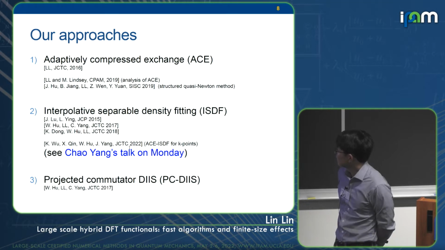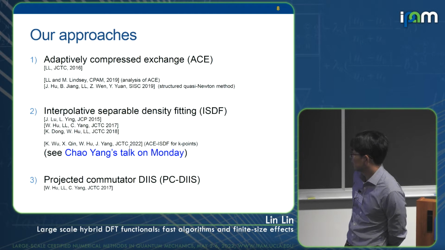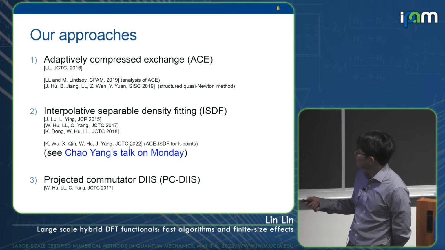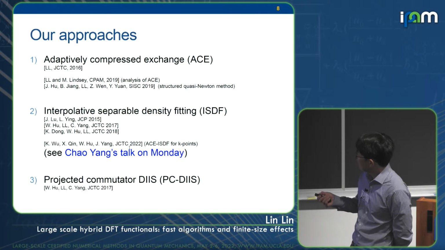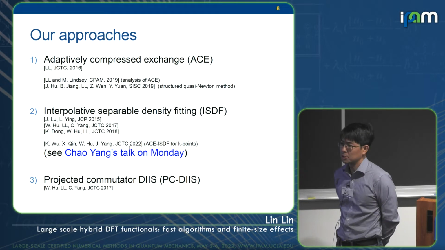So our approach in the past couple of years is a little bit different. Today, I'm mostly going to focus on the adaptively compressed exchange. We analyzed it later with Michael Lindsey, and it also inspired some other optimization-based algorithms called the structured quasi-Newton method.